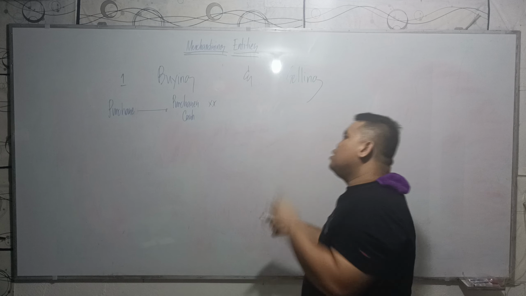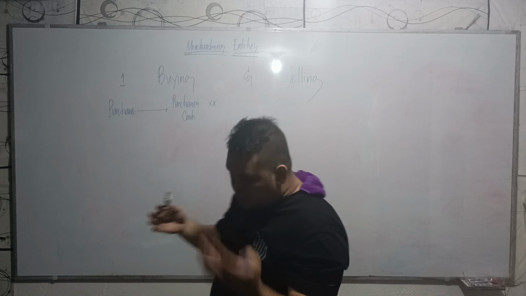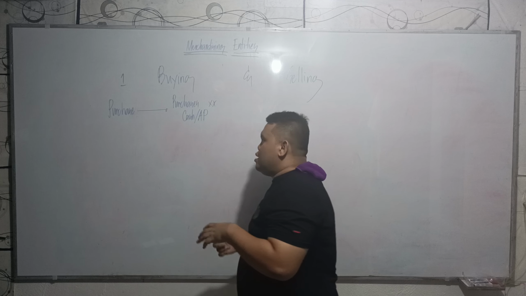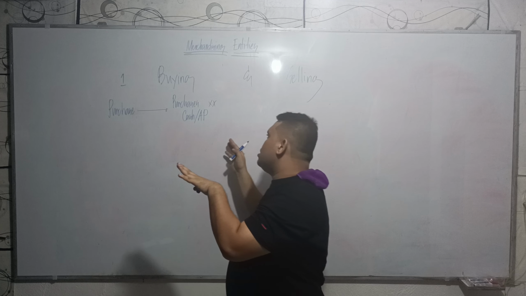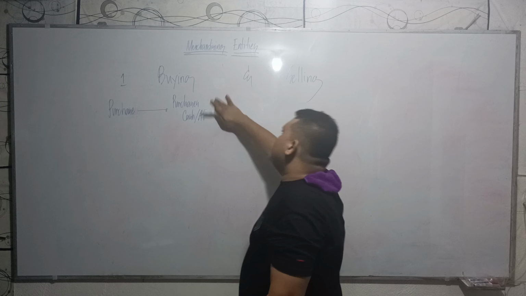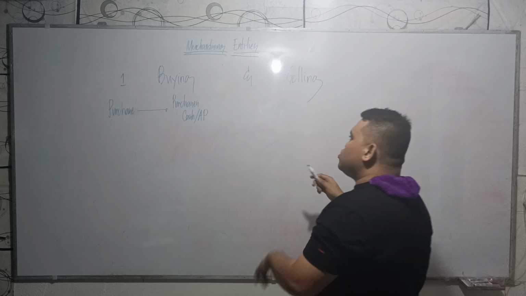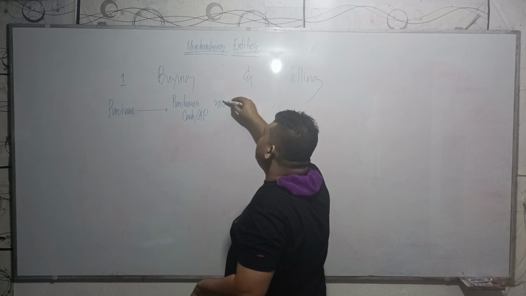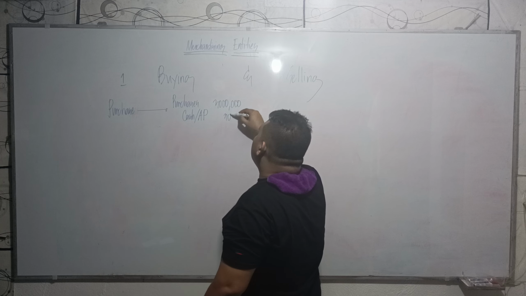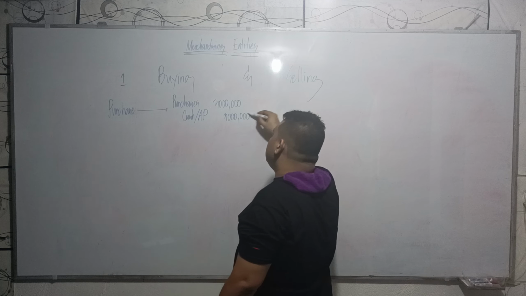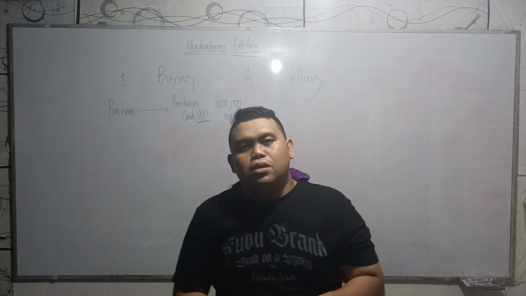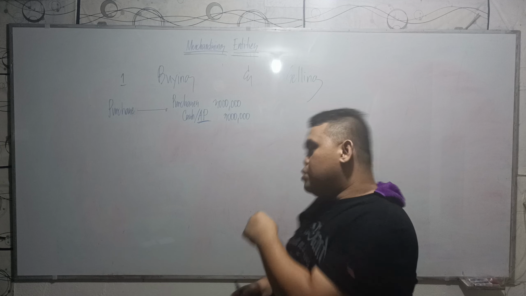But usually, purchases of corporations and other companies are made on account. So, aside from cash, the secondary account that will be used is accounts payable. For example, a business purchased finished goods worth 3 million. This would be the normal or regular entry: purchases 3 million, cash or accounts payable 3 million. Let's stick with accounts payable.